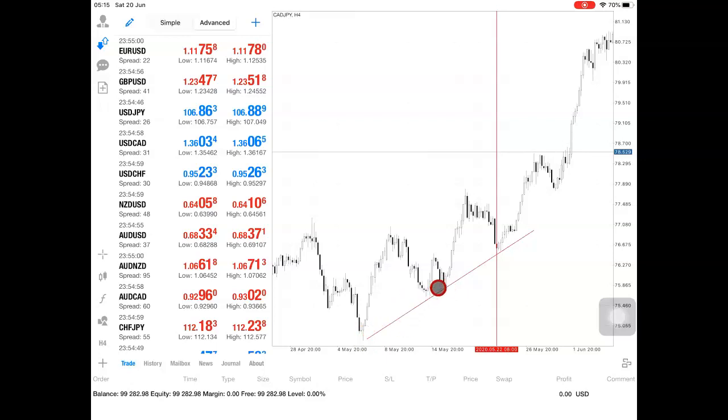We'll join the two points, then extend the line further. Once we have figured out that this is an uptrend, you don't need to rush in and buy here. You wait for the price to come back down to the trend line, which is also your support. So the trend line will help you predict a support before the support happens.